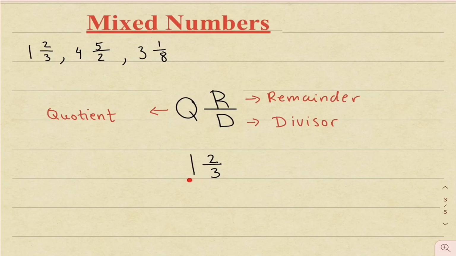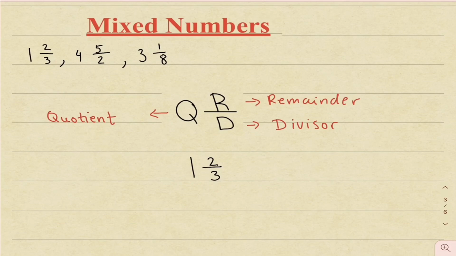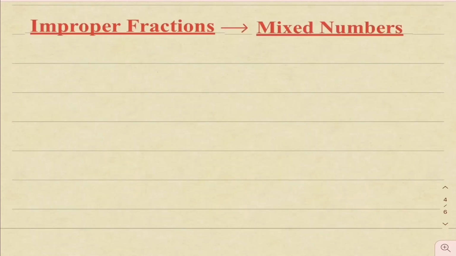So 1 is the quotient, 2 is the remainder, and 3 is the divisor. Let me show you guys how to convert an improper fraction into a mixed number, and it's always done using long division. So I'm going to go ahead and start with the first problem.